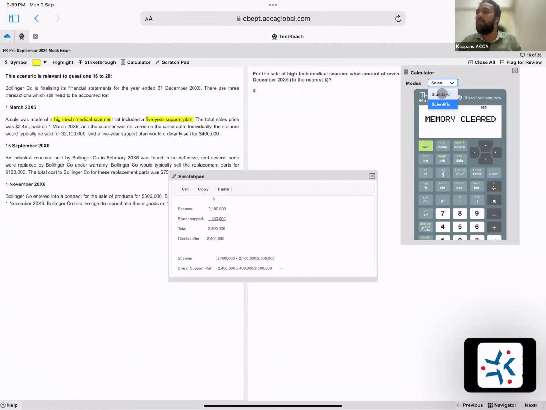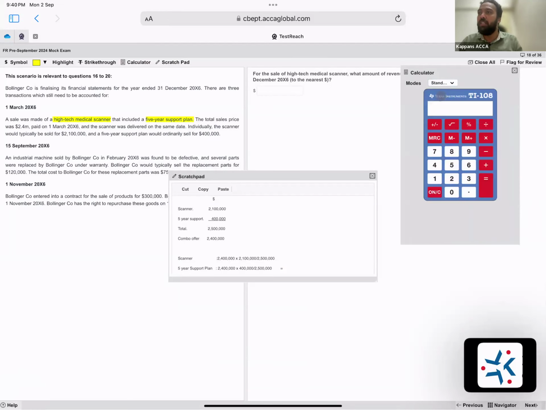So let's use the calculator and find out the amount. 2.4 million multiplied by 400,000 divided by 250,000. That is equal to 384,000. Let's try one more time.